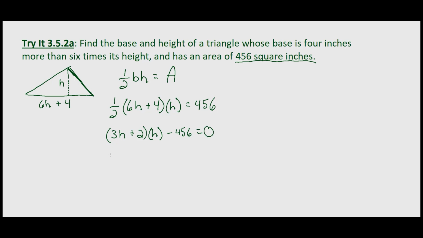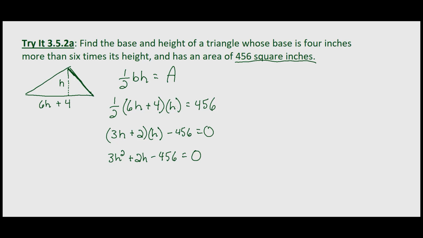And now we'll multiply through by h with that first binomial and get 3h squared plus 2h minus 456 equals 0. Now remember, at this point, the quadratic formula will always work to solve for any values of h.